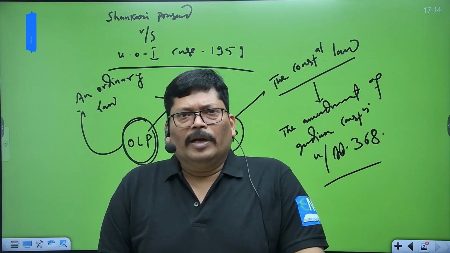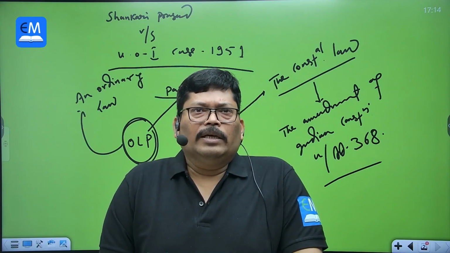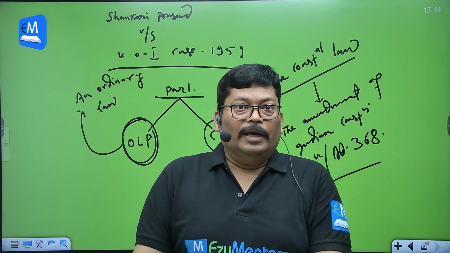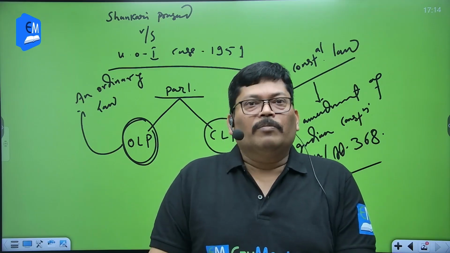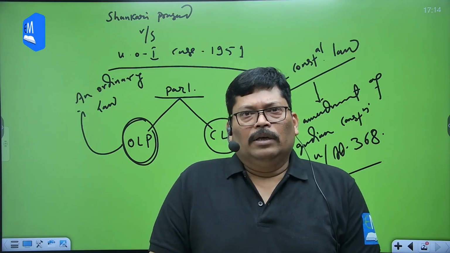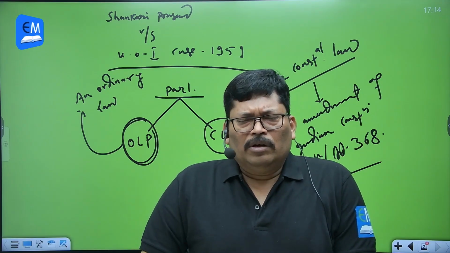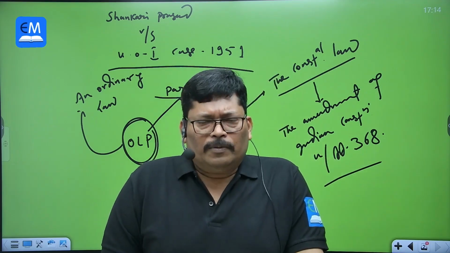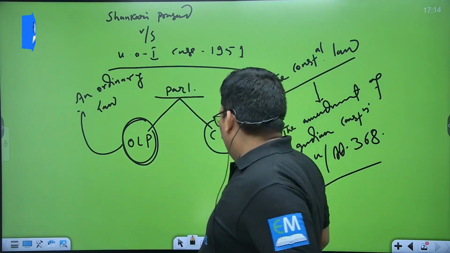So whatever amendments we carried out in 1951 in the form of the incorporation of Article 31A and 31B in Part 3 of the Constitution, those are not exceptions. Parliament can do so. Okay, fine.